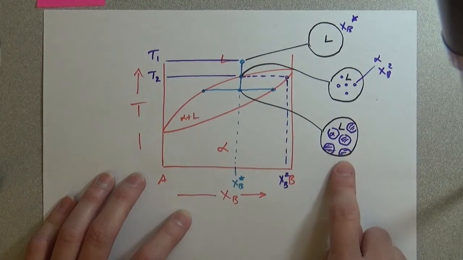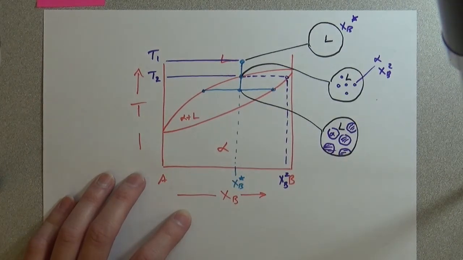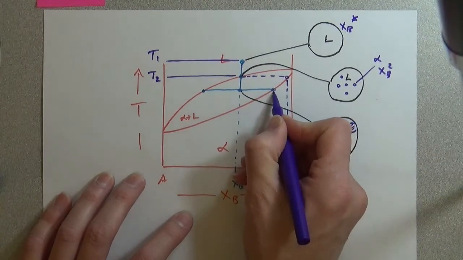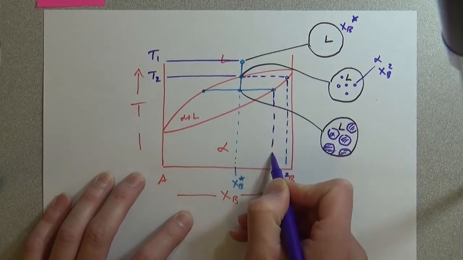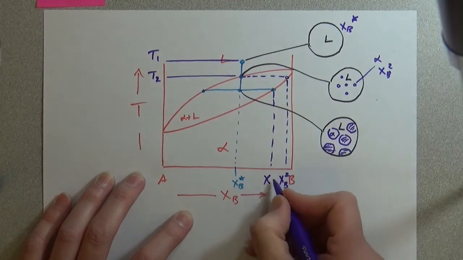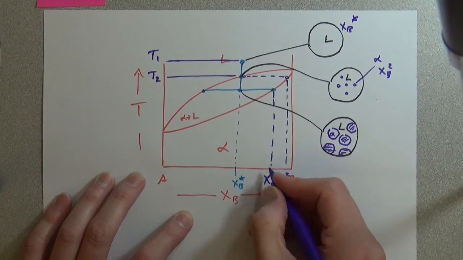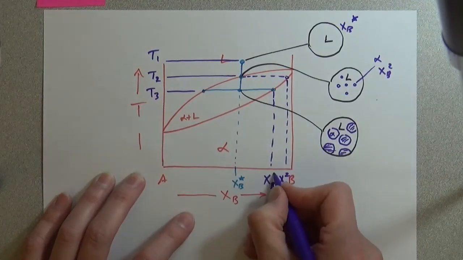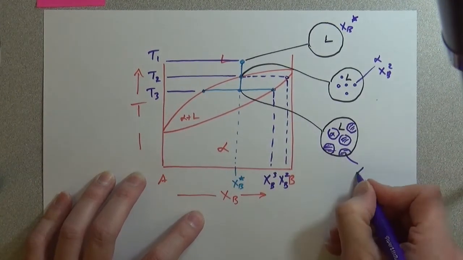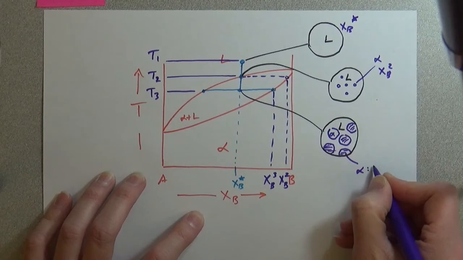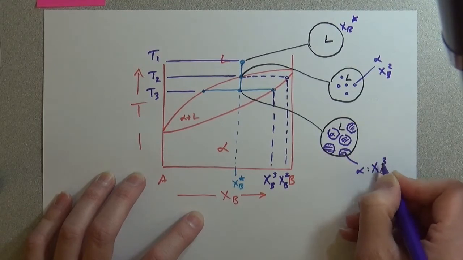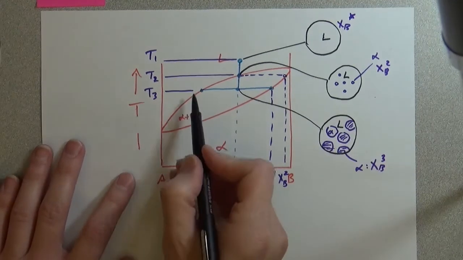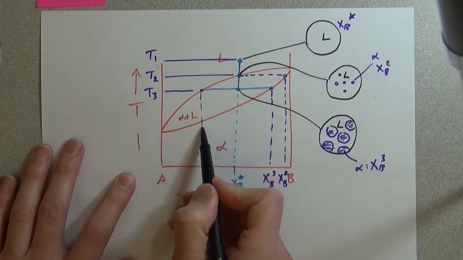Now the composition has changed. So now the alpha has composition XB, I'm calling this temperature T3, XB3. Alpha is XB3, and the liquid is now defined here.